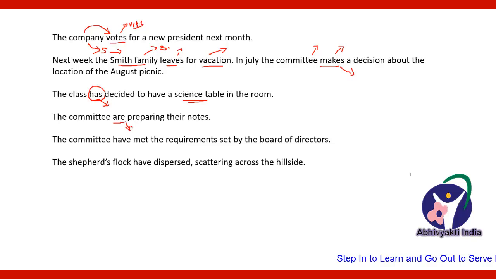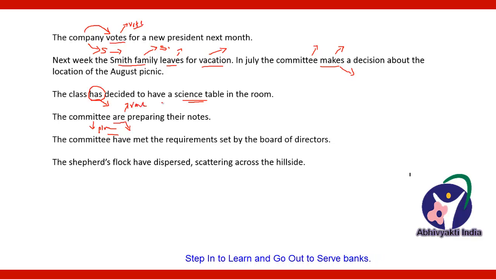They are doing it individually, and so here the committee will be a plural collective noun, and therefore it will take a plural verb and it will be substituted by a plural pronoun.